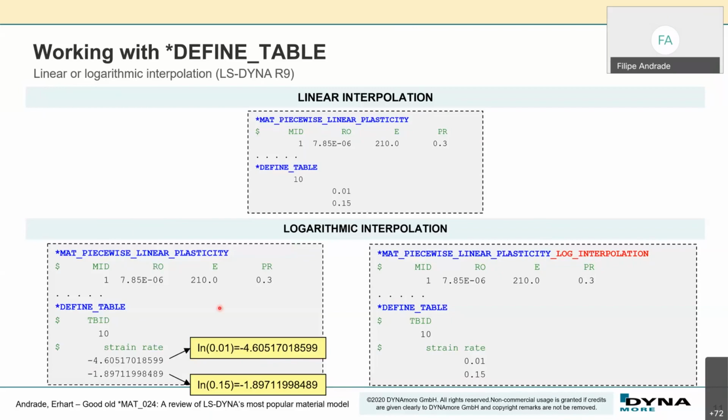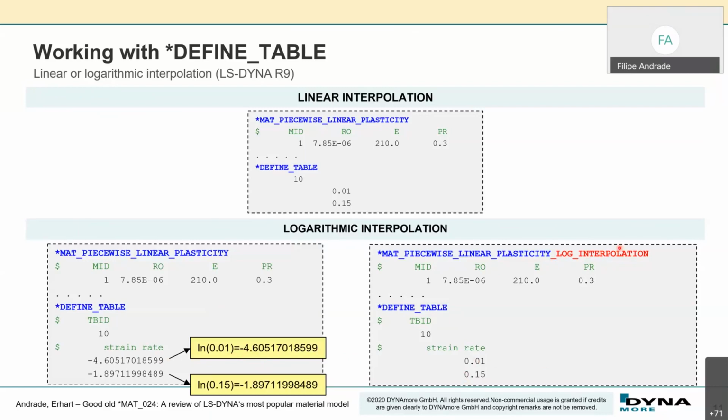And there's the newer way, well, it's not that new anymore. We have had this for a few years now. You can always use this option called log interpolation. And if you put this, LS DYNA will just interpret this as the real strain rates, and will perform the logarithmic calculation internally. So you don't have to input the logarithm of the strain rate anymore. You just put the strain rate, and LS DYNA will calculate that for you accordingly.